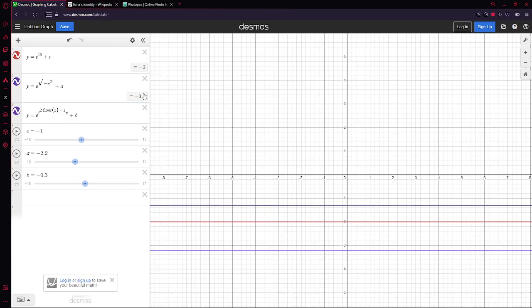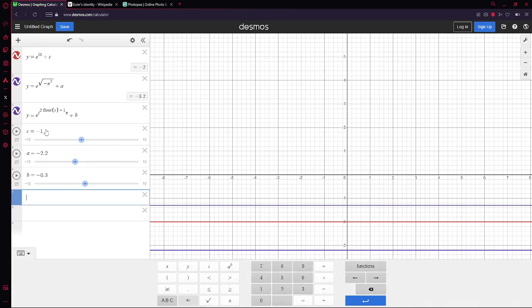Me personally, I have no clue how e came into life, this irrational number.